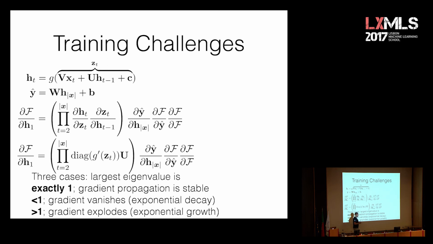In that case, this gradient is going to roughly stay the same in value as you propagate along this chain. Second, if that largest eigenvalue of the U matrix is less than 1, then the gradient is slowly going to disappear over time and get smaller. Third, if the largest eigenvalue is bigger than 1, then that gradient is going to get bigger and bigger, and soon you're going to have infinities, and your numerical optimizer is going to break.